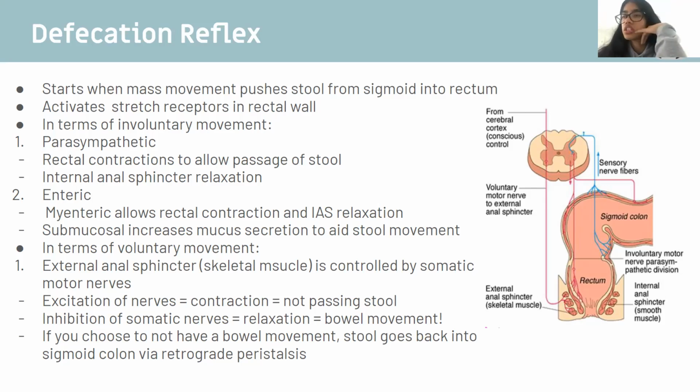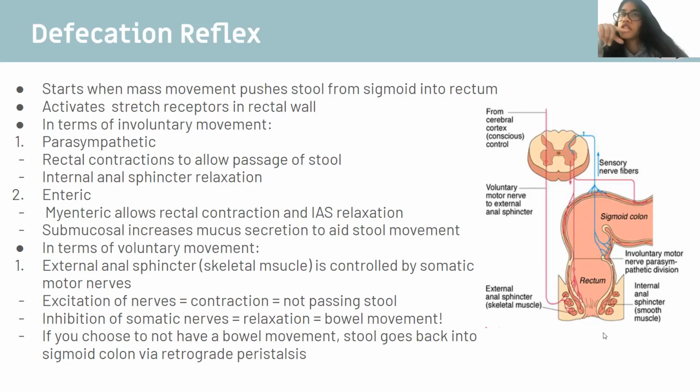Conversely, if you decide that you don't want to go to the toilet, this leads to excitation of your somatic nerves, which control your skeletal muscle. This leads to a contraction of the muscle, and therefore the stool can't pass through. If you choose not to have a bowel movement, the stool goes backwards into the sigmoid colon via retrograde peristalsis. So yeah, that's motility.